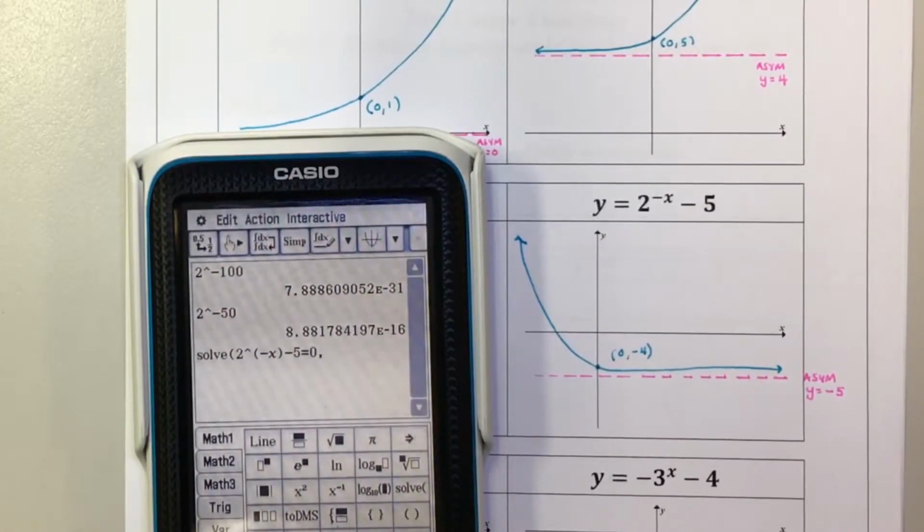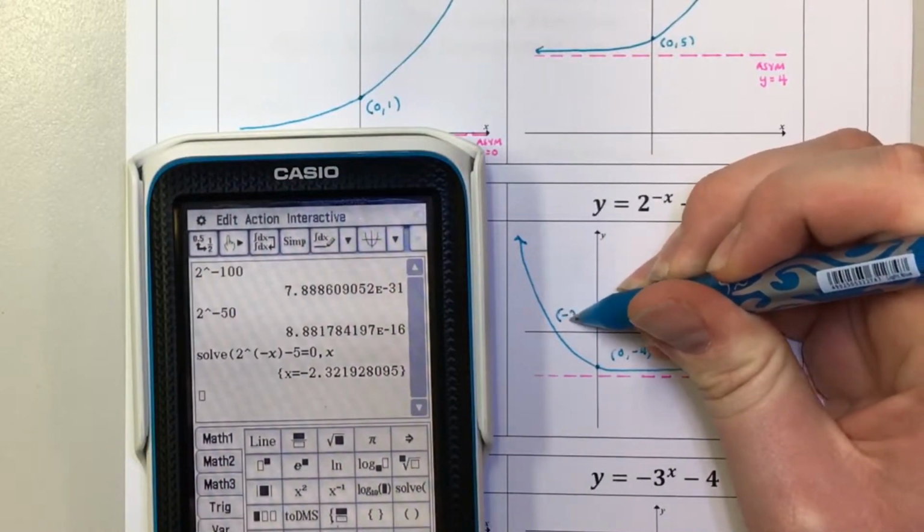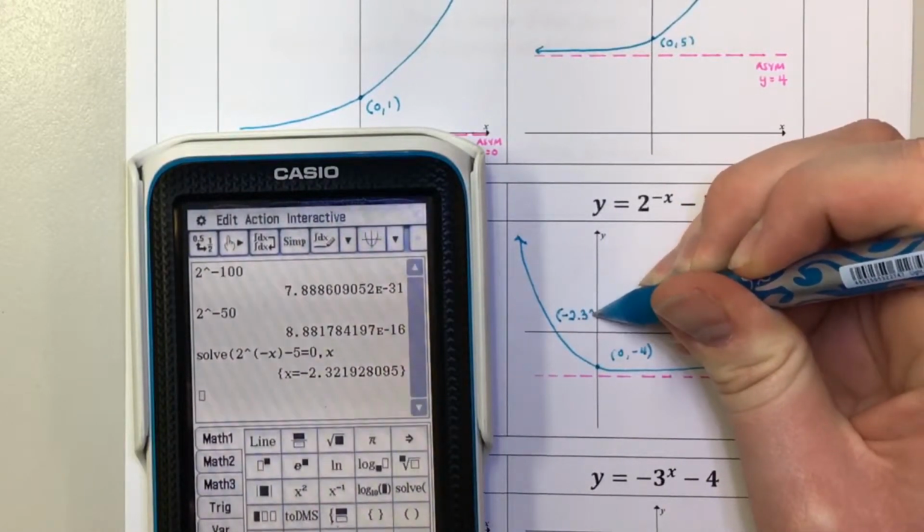And see, that's what it comes up as, the exact value. So it's what's called the logarithm of 5 over logarithm of 2. But I would suggest that you might want to get a lovely decimal answer, and that would be a much more useful one for you. There you go. So, I'm going to label this as negative 2.